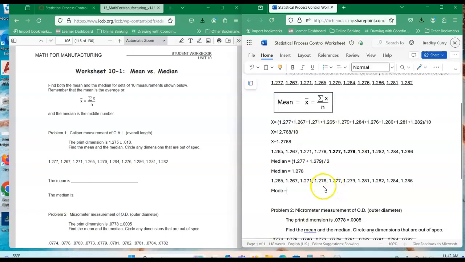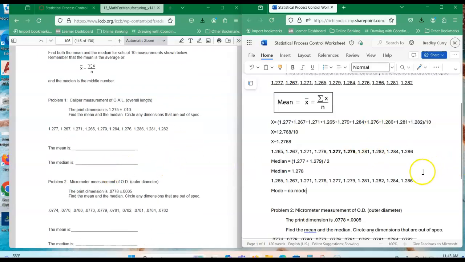As we increase the number of actual component parts that we're checking, you are going to get a reoccurrence of these different numbers. So you're going to ask yourself, since none of these repeat themselves, then what is the mode, or how do we refer to it? Well, we just say that there is no mode with that particular data set.